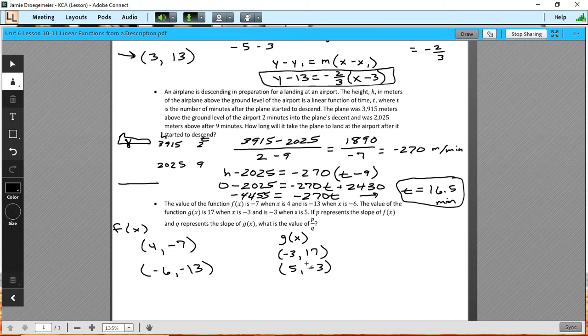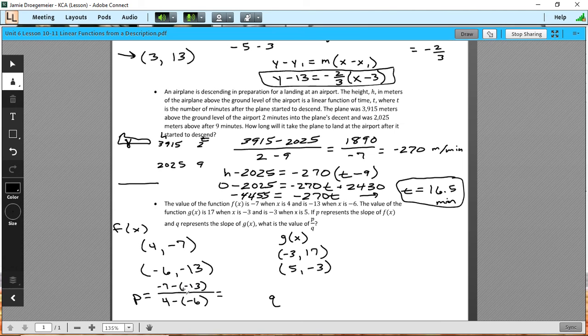So it says here, if p represents the slope of f of x and q represents the slope of g of x, what is the value of p divided by q? So basically we want to find the slopes here. So the slope of this first one, difference between our y values, that's -7 minus -13, over the difference between our x values, so 4 minus -6.